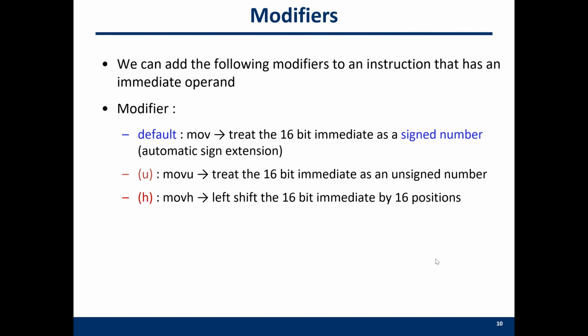What you want is to use move H here and then move this part to the higher end 16-bit of this register. And then use a move U to move this part. So you can see that at least for this tiny RISC simulator, it can only support 16-bit granularity memory access.